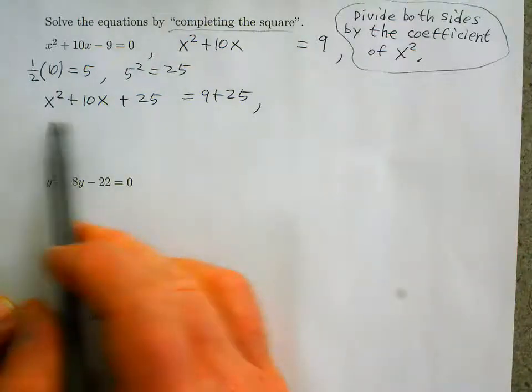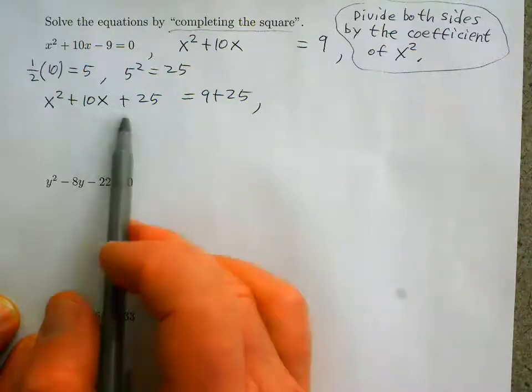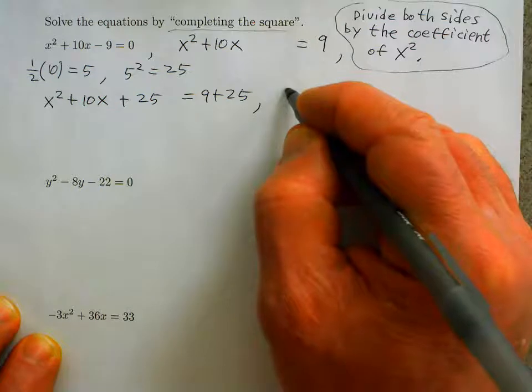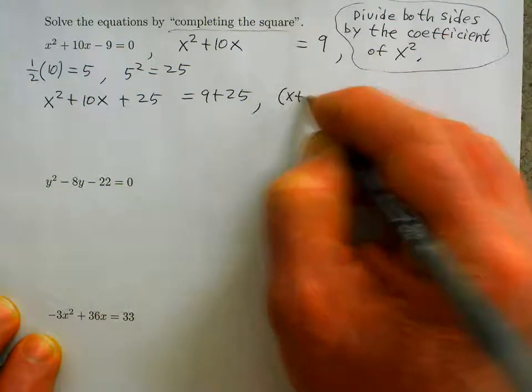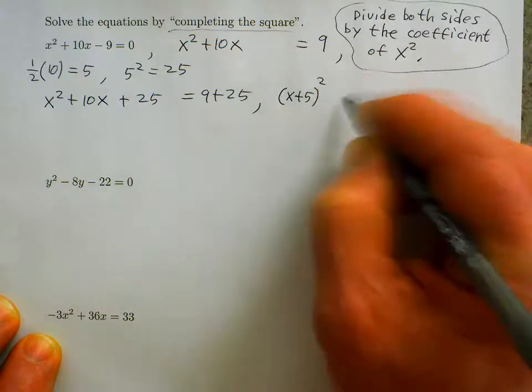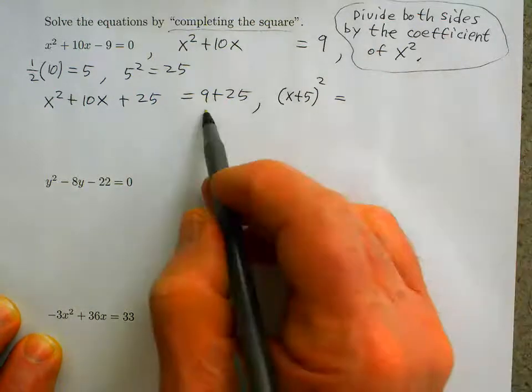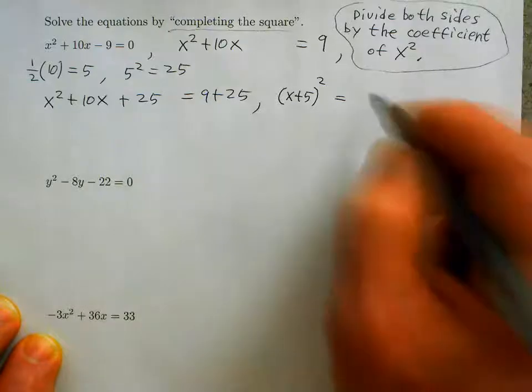The left-hand side of this equation is a perfect square trinomial. That means we can write that as a binomial squared. In this case, it's the binomial x plus 5 squared. On the right-hand side, 9 plus 25 is 34.